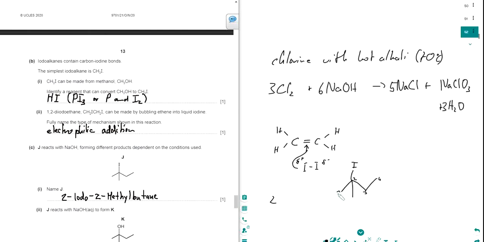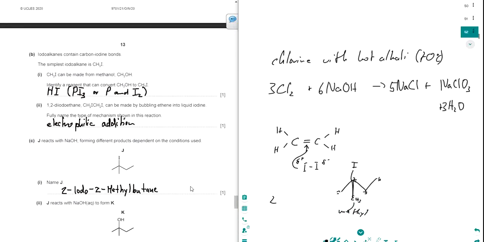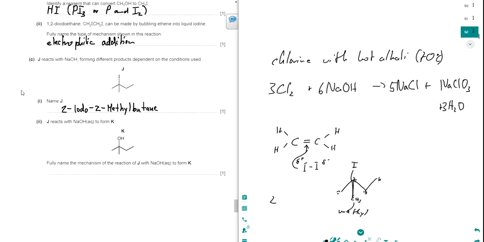Again, longest carbon chain, 1, 2, 3, 4, which means we have butane, no double bonds or anything. This lone line here means we have another CH3 group down here, which is a methyl group. In IUPAC naming the halogeno group comes first.